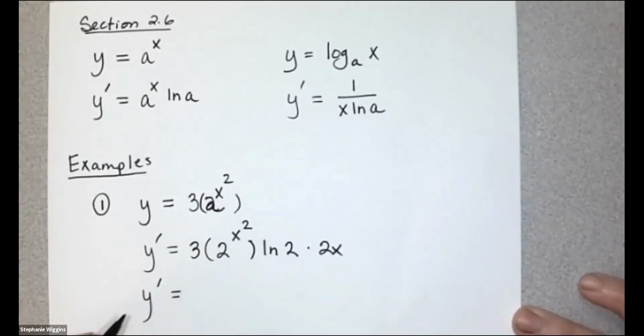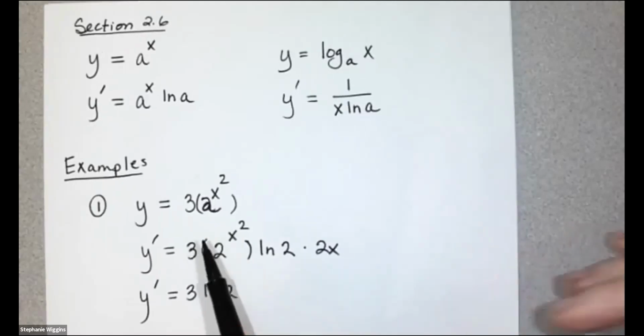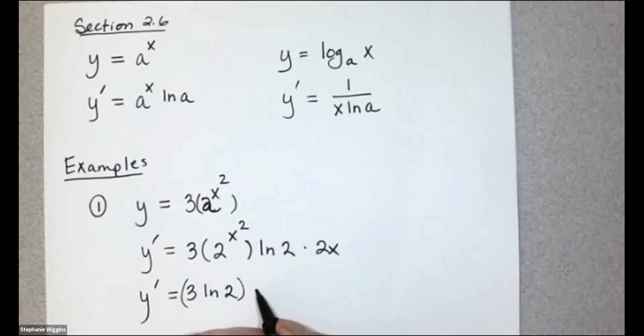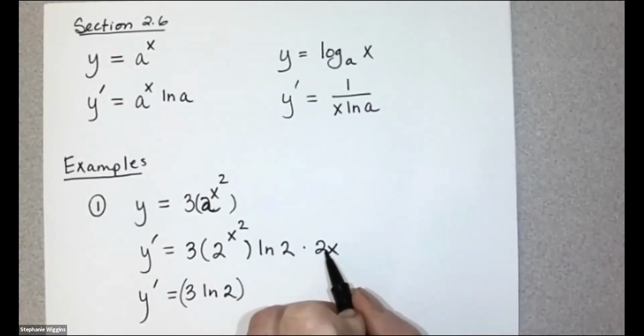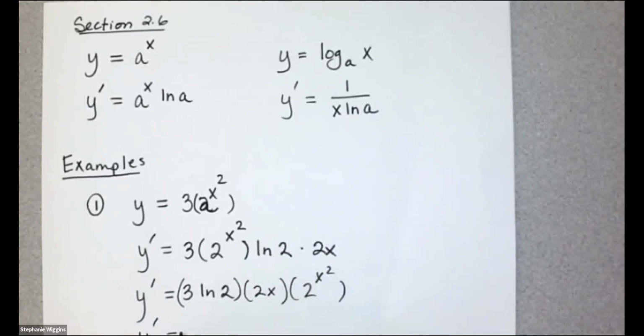So just to simplify this, 3 times 2 is 6x ln 2 times 2 to the x squared.